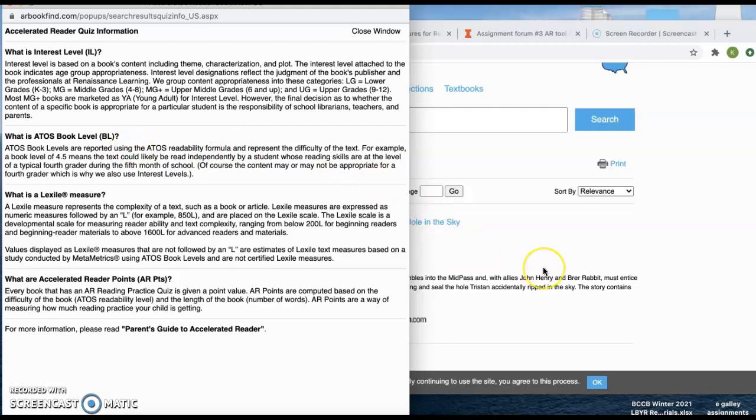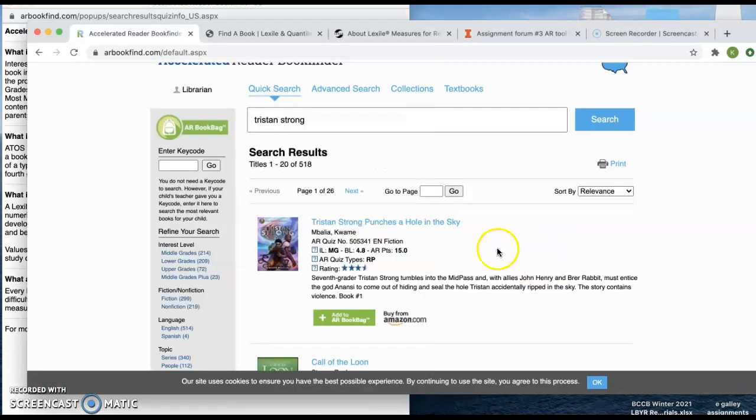Like a 4.8 is sort of more towards the end of 4th grade. You don't really need to worry about the AR points. That is involved more with the quizzes they end up taking, just like you don't have to think about the quiz. But now we have a general idea: I know that this kid likes fantasy, the interest is definitely middle grade, and the BL is 4.8.